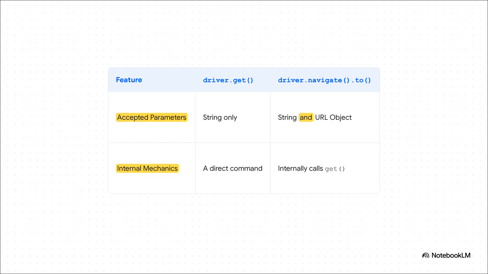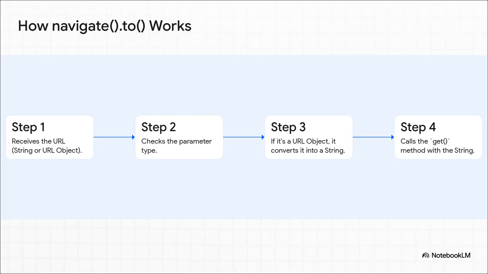But the second point, that's the real kicker. Under the hood, navigate.to is just a wrapper that actually calls the get method anyway. So yeah, navigate.to isn't some totally separate magical thing. When you use it, it just looks at what you gave it, converts it to a string if it has to, and then it just turns right around and calls driver.get with that string.